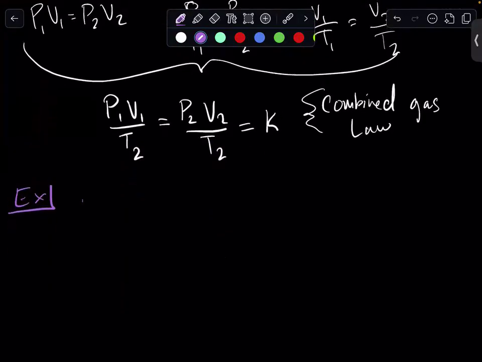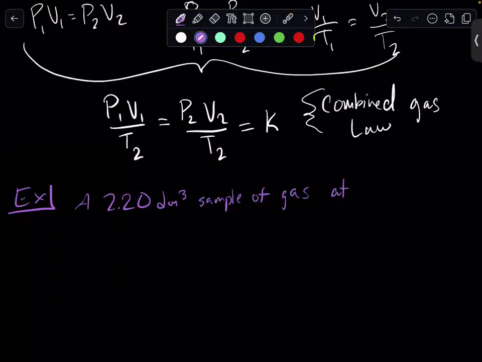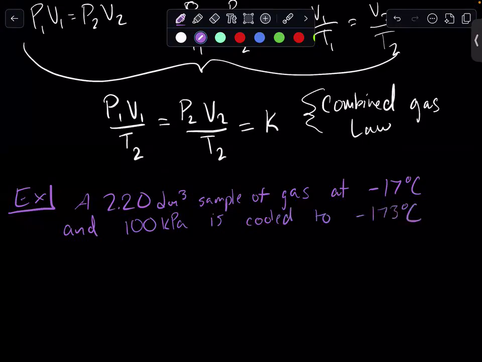We're going to start with a 2.20 decimeter cubed sample of gas at negative 17 degrees Celsius and 100 kilopascals that is cooled to negative 173 degrees Celsius and compressed to 80.0 kilopascals.